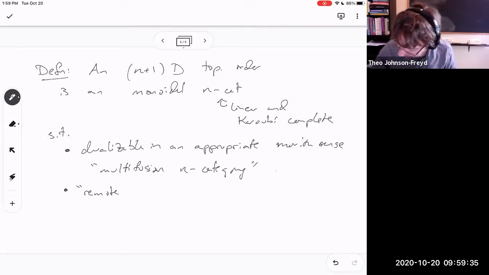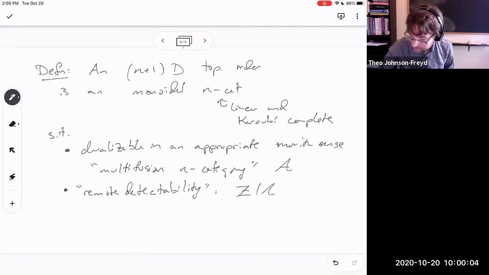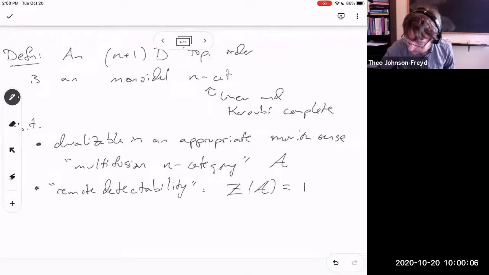So maybe I'll call this curly A. Remote detectability says that the Drinfeld center of A... So remote detectability says you should be able to detect any operator by doing a measurement. The way you detect things in an associative algebra is with a commutator. And so remote detectability says that the Drinfeld center of A is trivial.